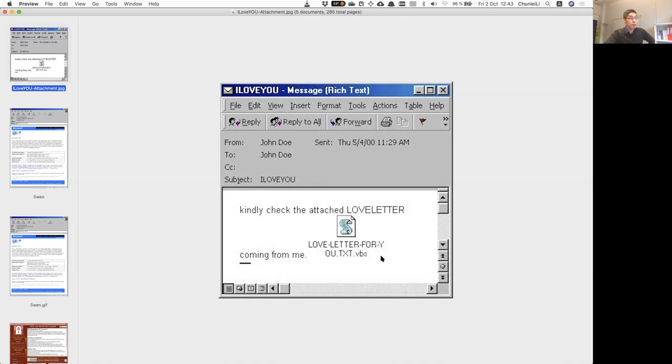Since the sender of this email is basically an acquaintance, a colleague or maybe a friend to the recipient, and especially among young people, a romance relation or some unclear romance relation is really attractive to young people.